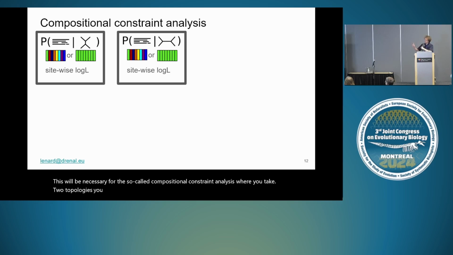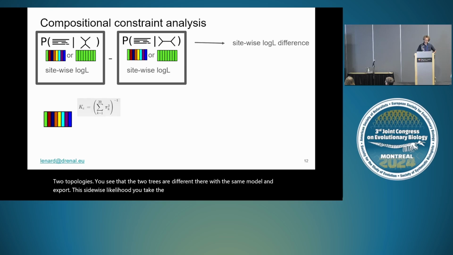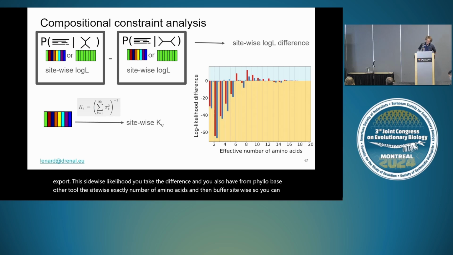You see that the 2 trees are different there with the same model, and export this site-wise likelihood. You take the difference, and you also have from PhyloBayes or another tool the site-wise effective number of amino acids, and then both are site-wise, so you can make an effective amino acid versus log likelihood difference plot, and this is what we call basically compositional constraint analysis.